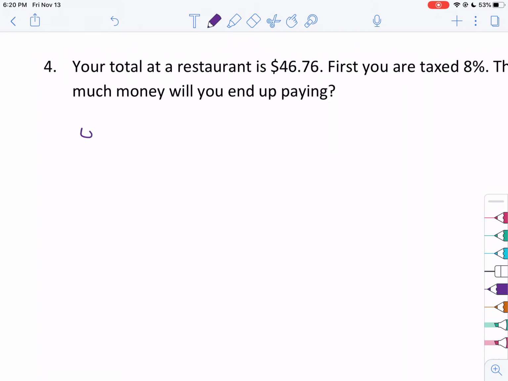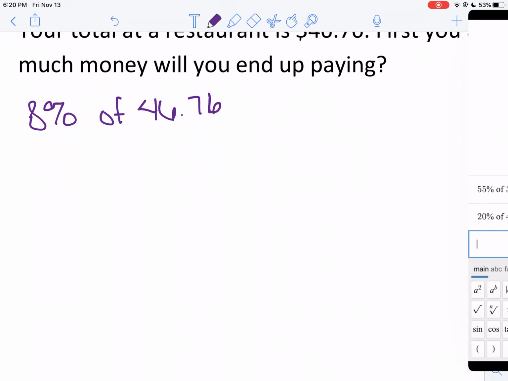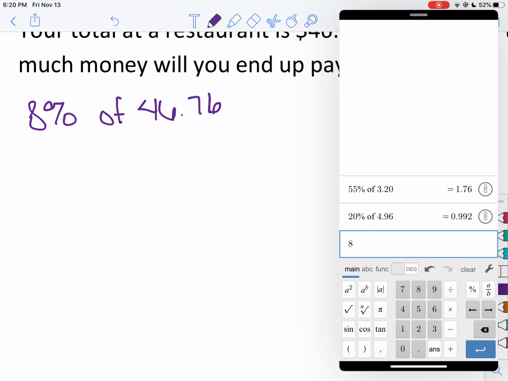So the tax is 8%, so we are finding 8% of 46.76. So 8% of 46.76 is $3.74.